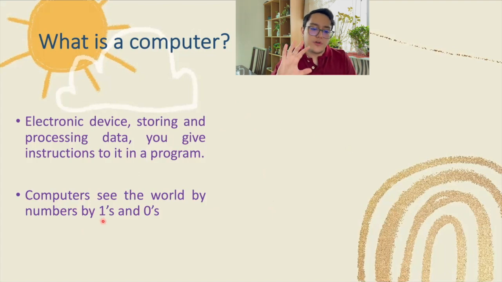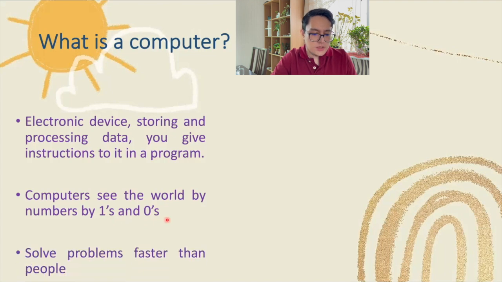So the computer transfers the language to be ones and zeros. This is the only language that computer understands. It's the system, the coding that they understand. 1 and 0. Everything inside is using 1 and 0. So if we tell the computer move the pointer, it will change it to 1 and 0.